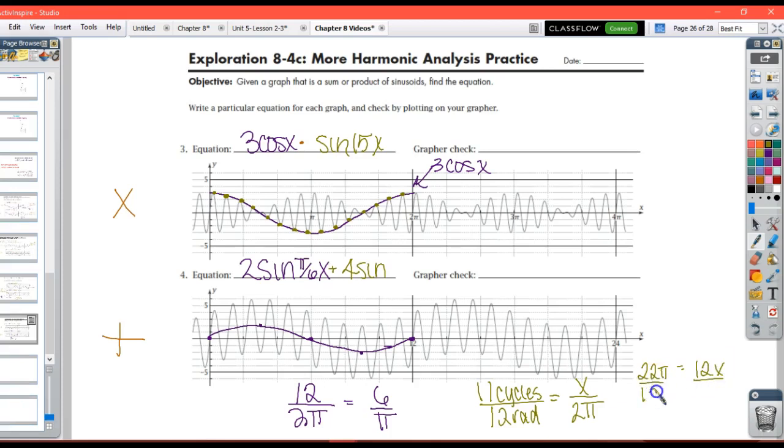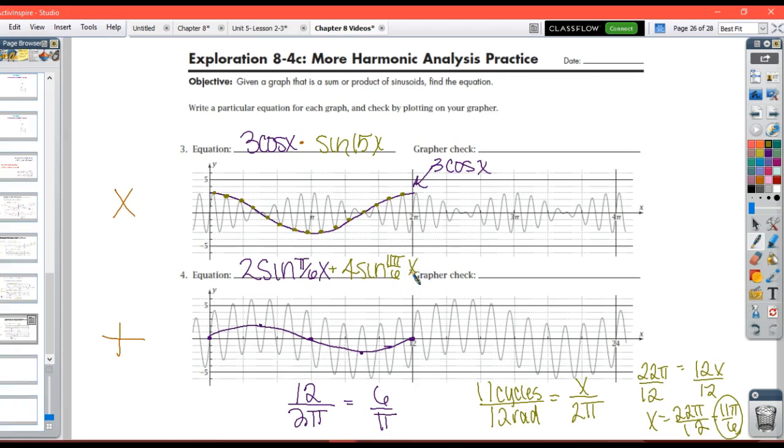Divide both sides by 12, and x will equal 22 pi over 12. We could reduce that down to 11 pi over 6. And remember, what we were searching for is how many cycles there are in 2 pi. This is how much smaller we made it. And so we can put in the 11 pi over 6x.